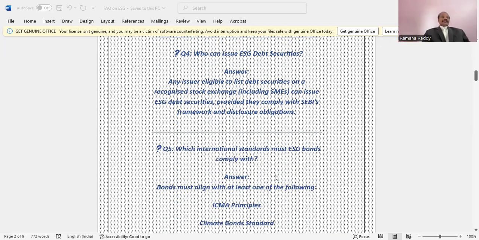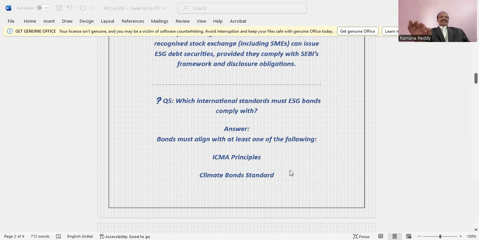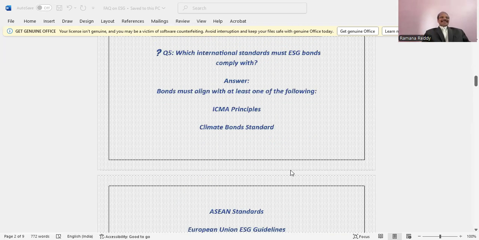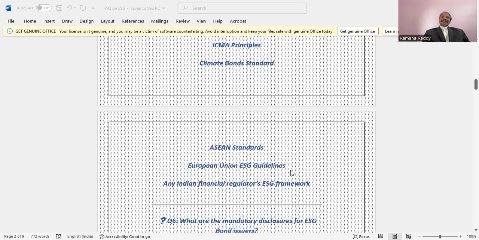Next question: which international standards must ESG bonds comply with? Bonds must align with at least one of the following: ICMA principles, Climate Bonds Standard, Asian standards, European Union ESG guidelines, or any Indian financial regulator's ESG framework.